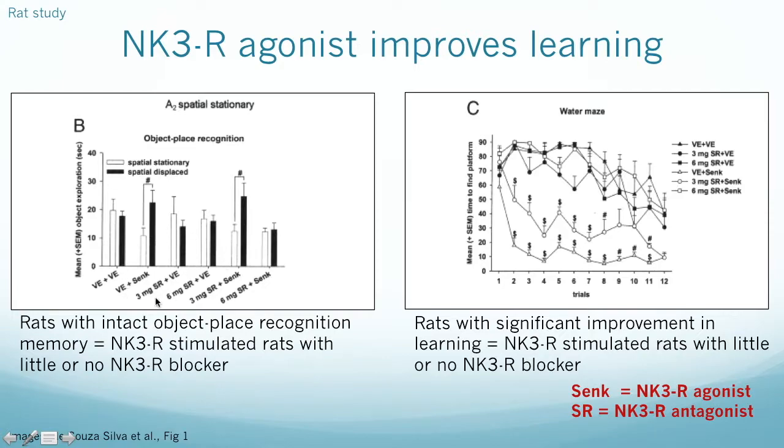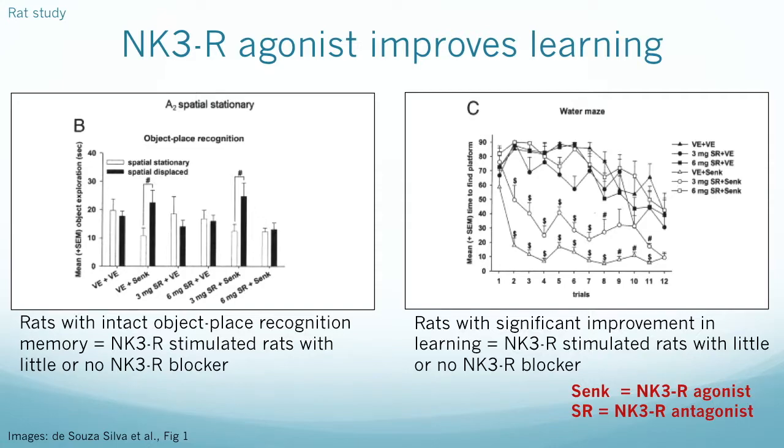Well, when you stimulate this receptor with senktide, which is a neurokinin 3 receptor agonist. And all of these results really can be compared to rats given an empty vehicle. So that's what this VE represents here.